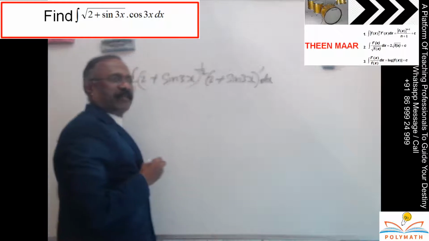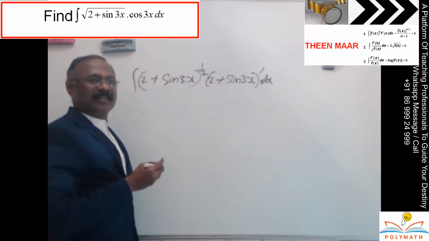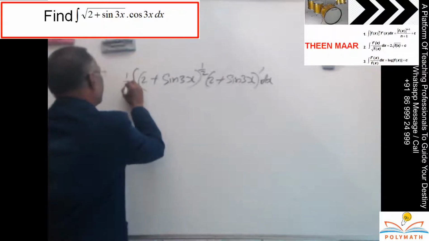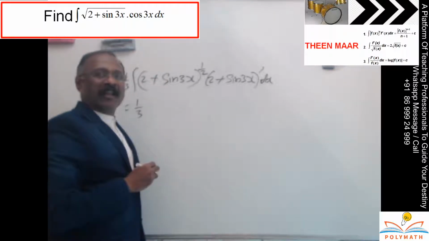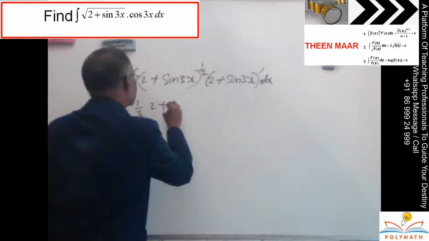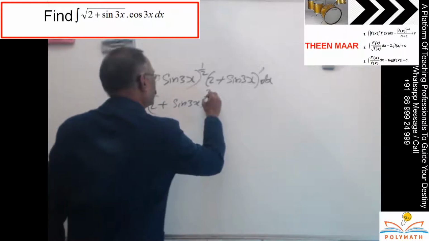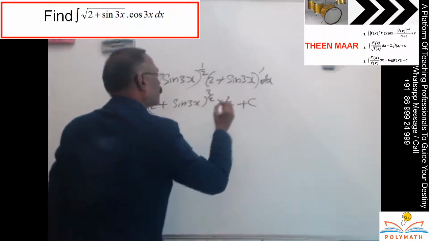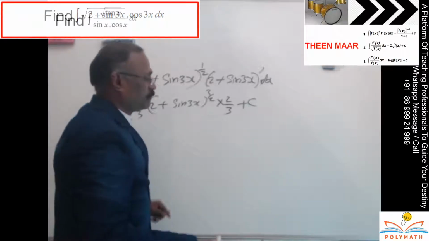Because the derivative of sine 3x is 3 cos 3x, but you have only cos 3x there. You'll get 3 cos 3x here, right? So 1 by 3 comes out. It is tin mar 1 again. (2 plus sine 3x) whole power 3 by 2 into 2 by 3 plus c. That's it.